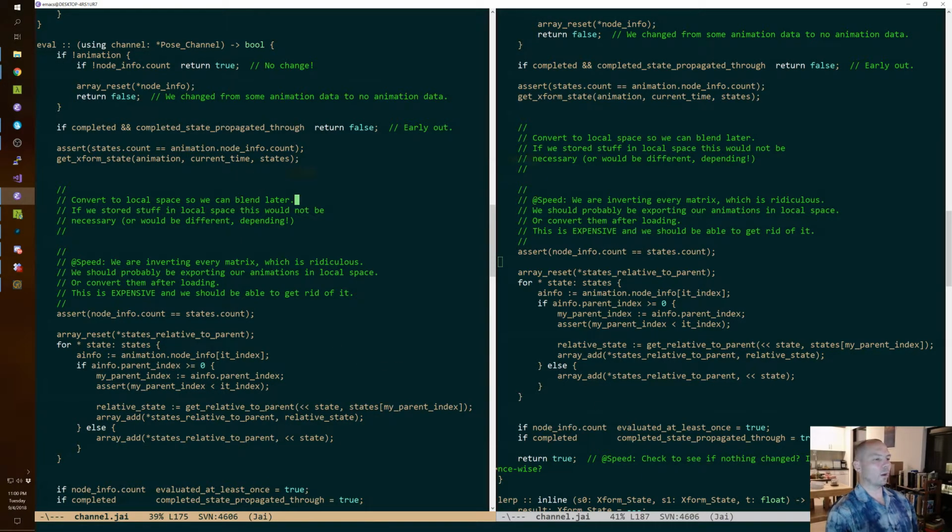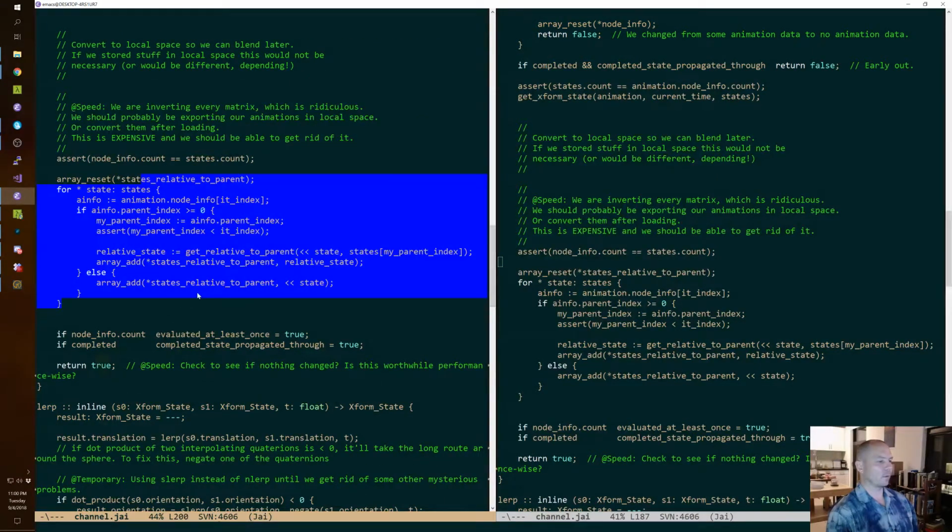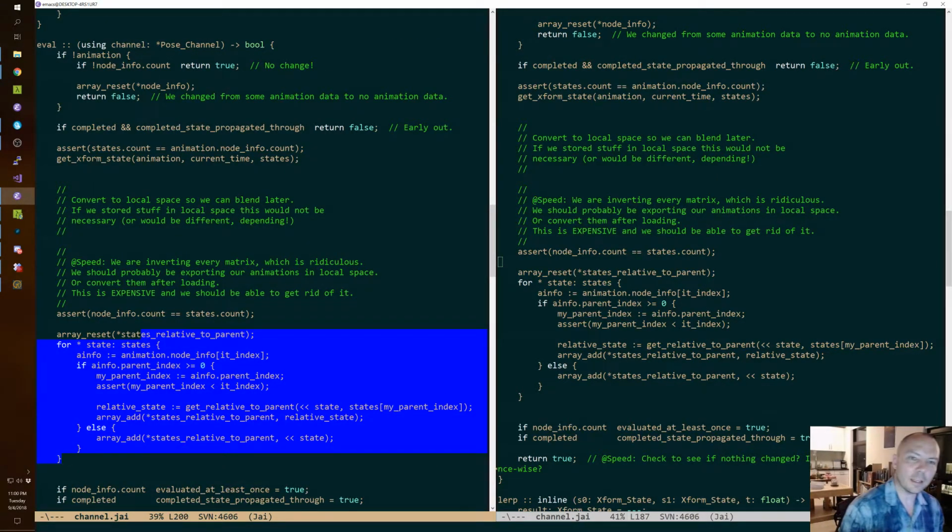So when we load the file, we're going to convert relative to parent, so we don't have to do it every frame. And then we can just get rid of this step. We can do get xform state, and those will just all be in relative to parent space. And this problem, I claim, will go away. Is there any reason not to do everything in local space?